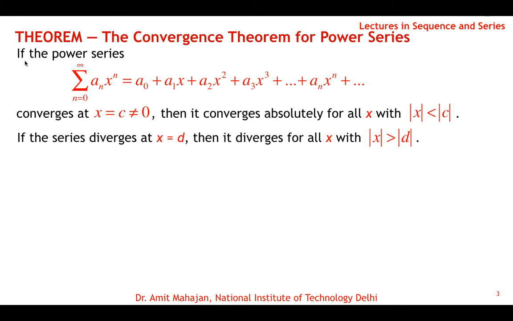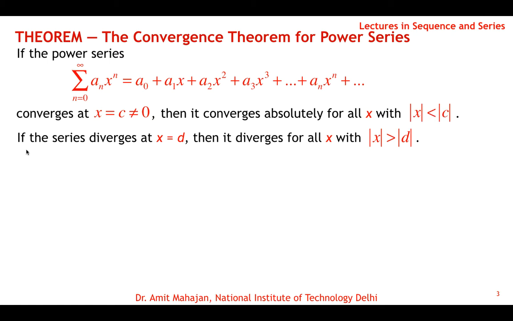So if the power series is given by summation a n x power n for n 0 to infinity, that means about the origin. Similarly, we can use (x minus c) power n about any point. Okay, so if the power series converges at a point x is equal to c, where c is a non-zero point, then it converges absolutely for all x in this interval, the absolute value of x less than the absolute value of c.